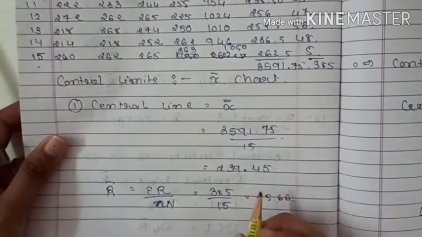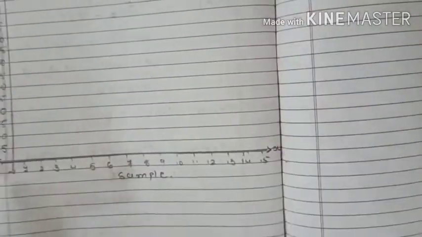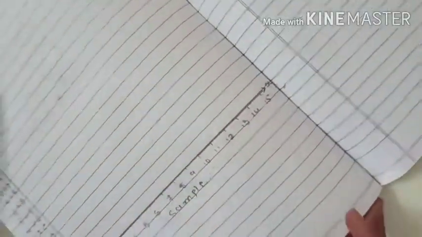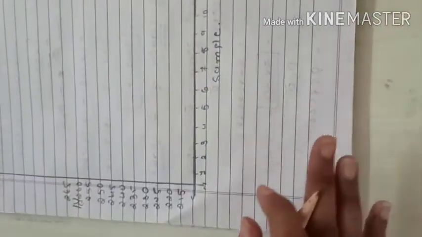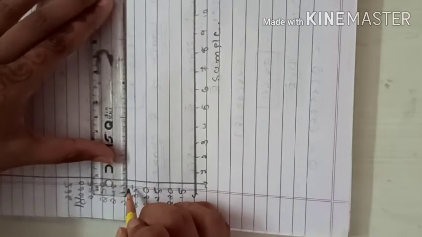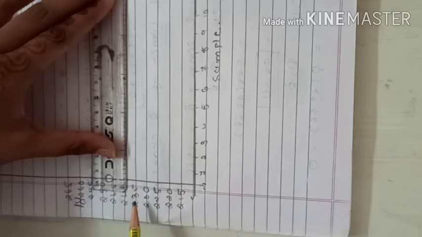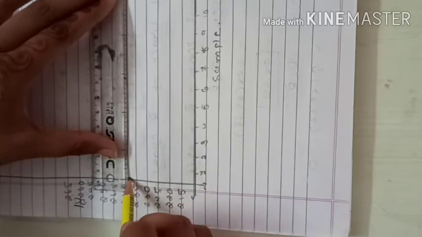Central limit is 239.45, that means around 240, right? So I am making the central line slightly down towards the 240, right? It's 235 and 240, so slightly down towards the 240 we are making a line.